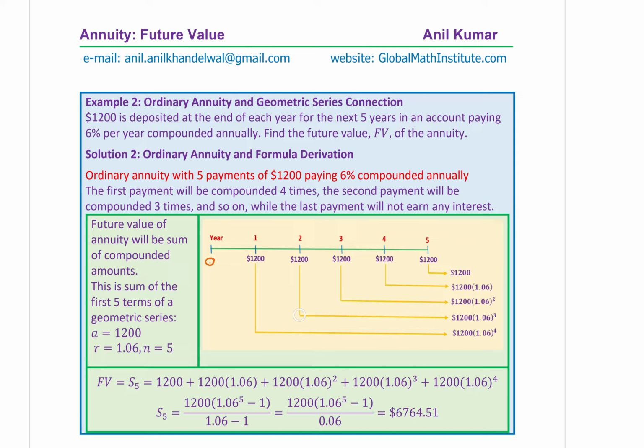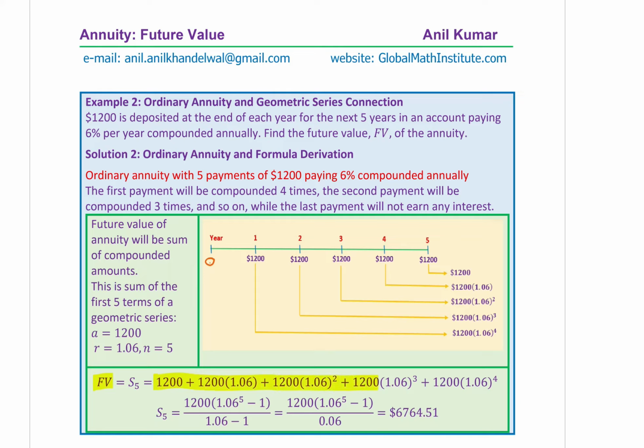And that which was deposited the second year will have an exponent of 3, and that which was deposited initially, $1,200, stays there for 1, 2, 3, and 4 periods, and therefore the amount will be equivalent to 1200 times 1.06 to the power of 4. So if we add all these amounts together, we get the future value of all these recurring deposits being made at the end of each year, right? So that is how you're going to calculate the future value as shown here.